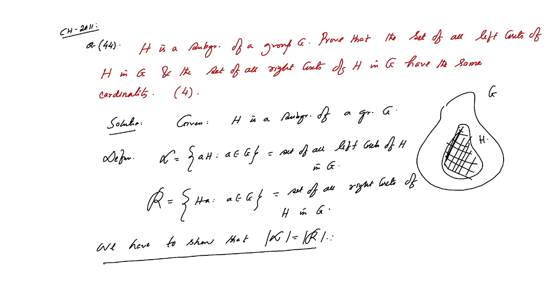Just previously we showed the number of elements in distinct left cosets are the same. Here, set A cardinality equals set B cardinality if and only if there exists a bijective map F from A to B. Similarly, we will define a map which is bijective, and from that we can show the cardinalities are basically the same.